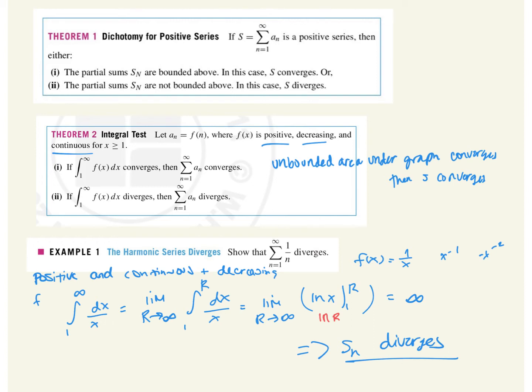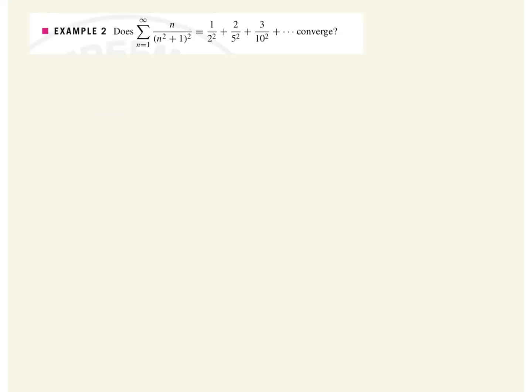All right, example. So this is the one that I was looking at before when I was talking about getting that derivative. This one's more important because it's not as obvious, but it is positive, because the numerator is positive, the denominator is squared, so it's positive and continuous right off the bat for values greater than or equal to 1.